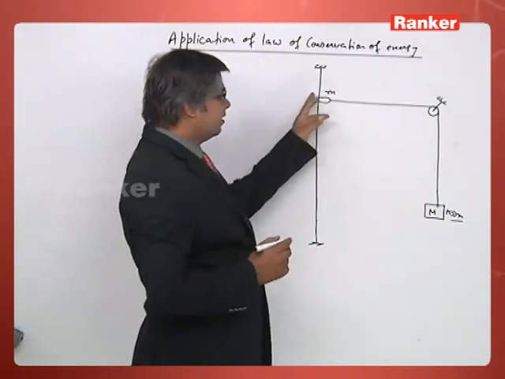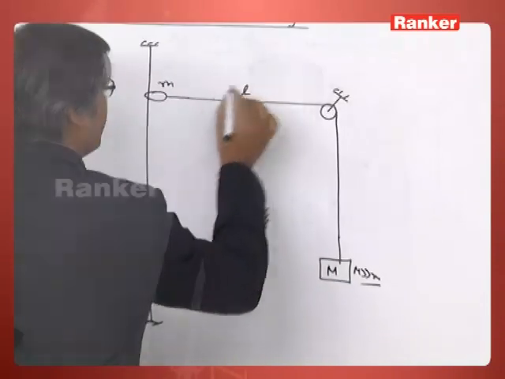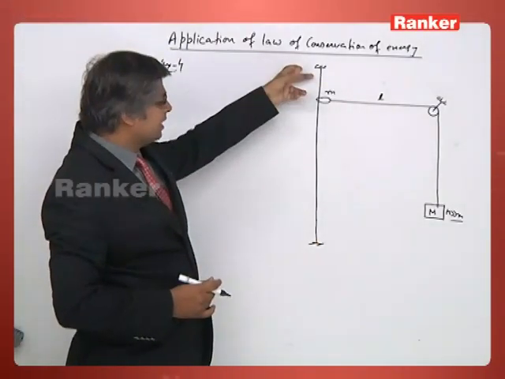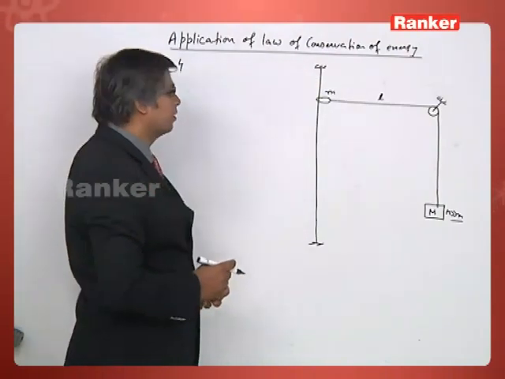So this is my ring, and this distance from here to here is given L. Now at this horizontal position I release this ring. So the question is how much distance it will fall.